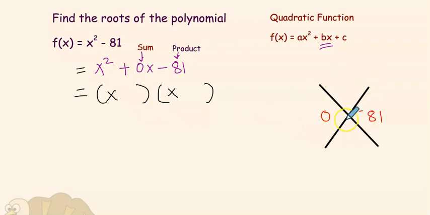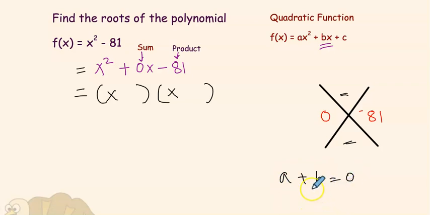So now let us come back to this thing here, negative 81. I'm looking for a product of negative 81, but the sum of those two numbers has to be 0. And when do you get a 0 actually? By adding two numbers. Suppose a number a is added to b to give a 0.